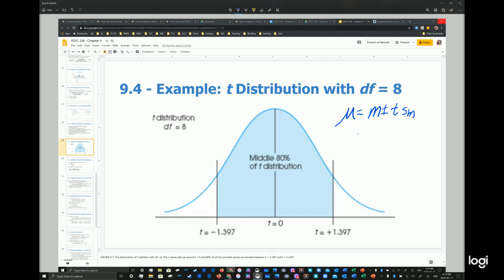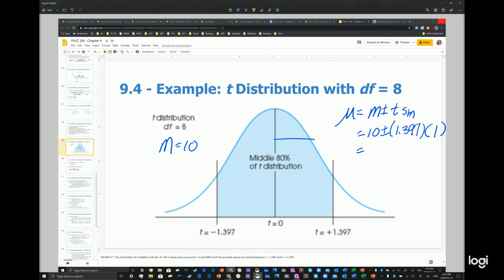We figured out the critical value for an 80% confidence interval, and let's say for now the sample mean is 10. So we plug in that 10 plus or minus 1.397, and then the standard error, which we'll have to calculate. But for now, let's just use a simple one. The estimated standard error happens to be 1.